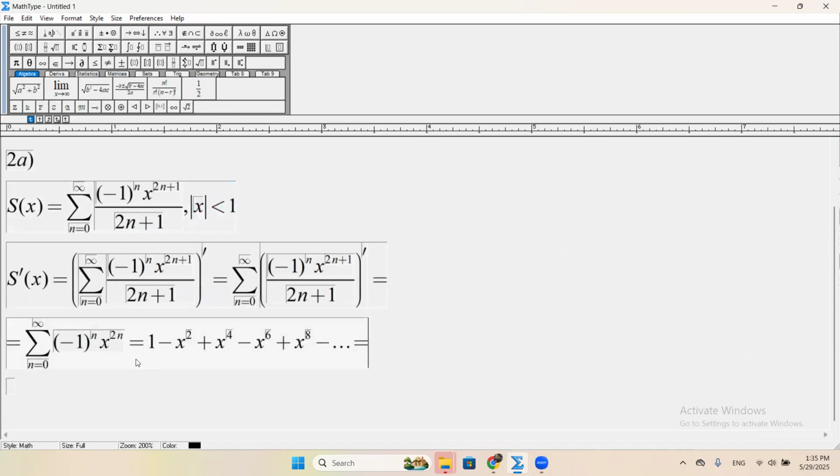So the denominator equals 1 minus x square. So we will write it like this: 1 over 1 plus x square. So we received the following sum.